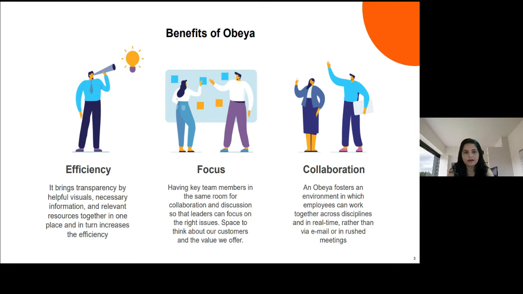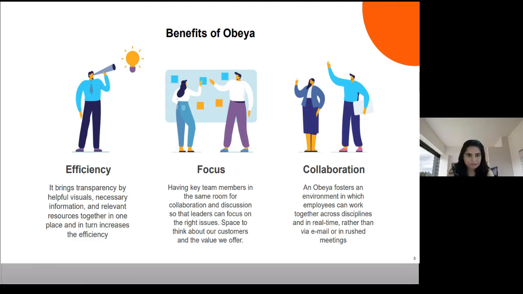Earlier, when a team was in silos, they were not very aware of what the other team was doing, unless they went and checked their daily stand-up, or went to their area and saw something in the visual indicators. In this room, if you come, you can have everything together. So definitely, it improves efficiency.